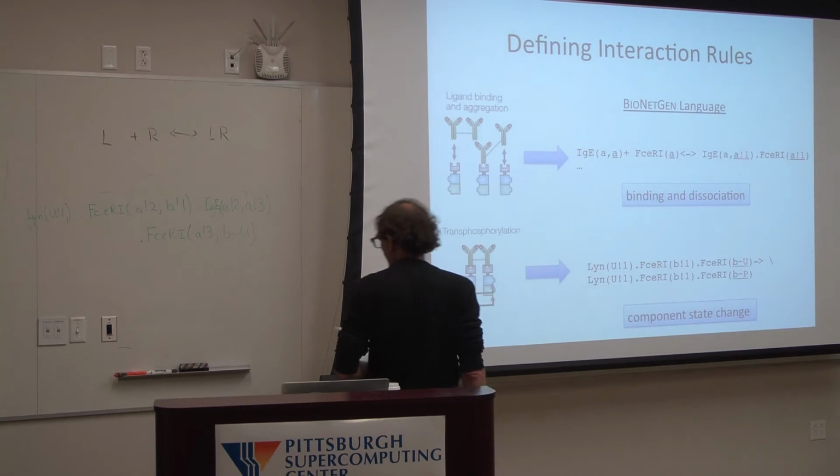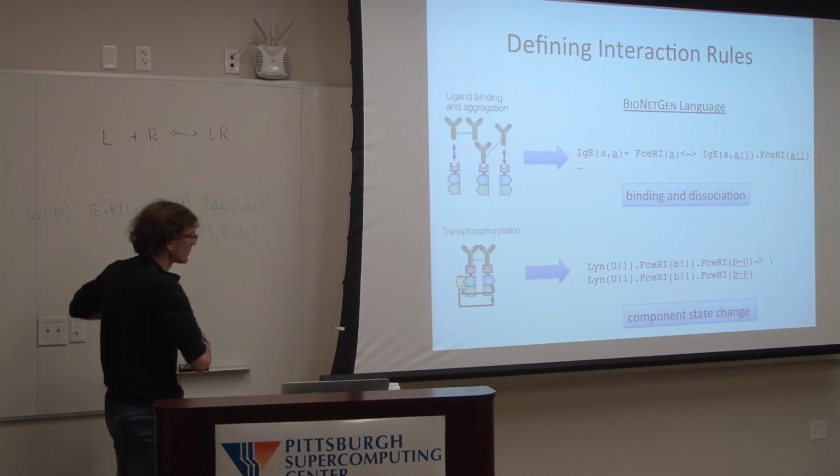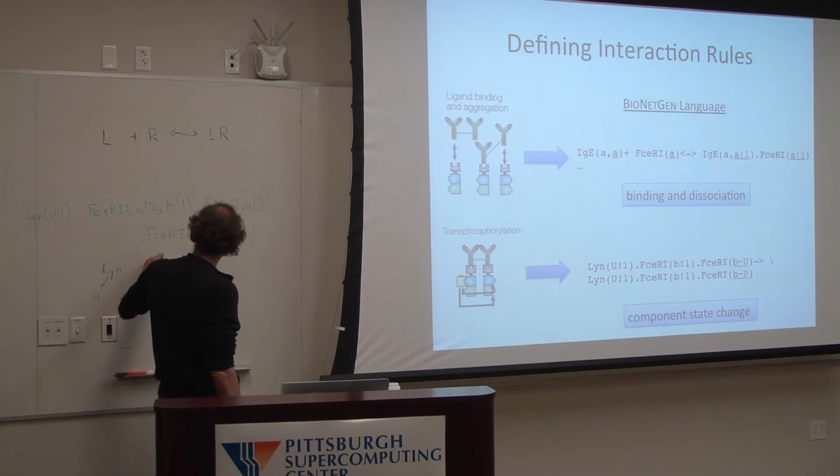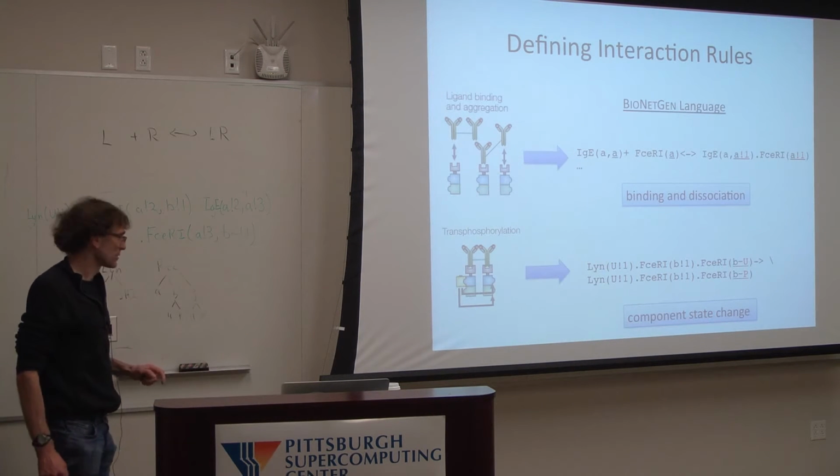Right. You could think of these as graphs. So Lyn, for example, contains an SH, a U, and SH2. And the receptor has A, B, and G. And each of these has a state node associated with it.